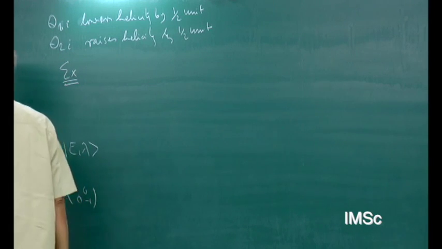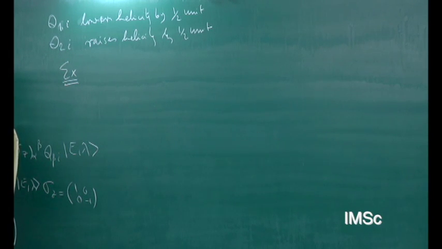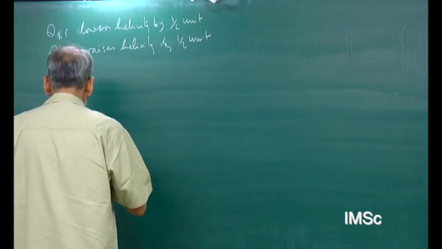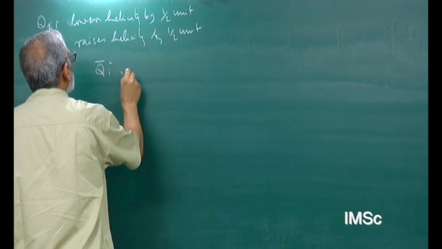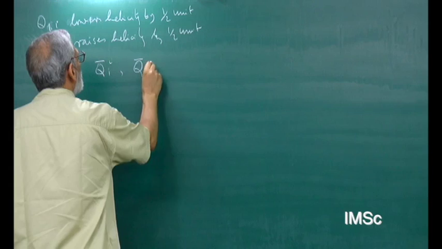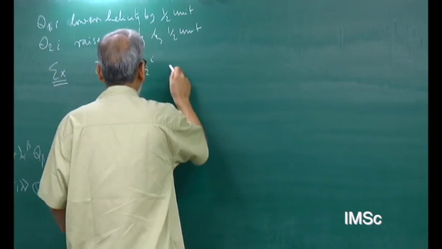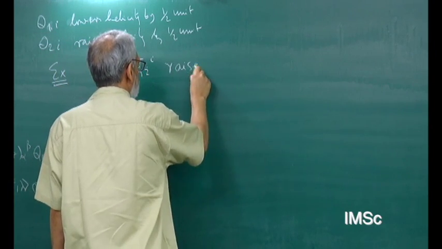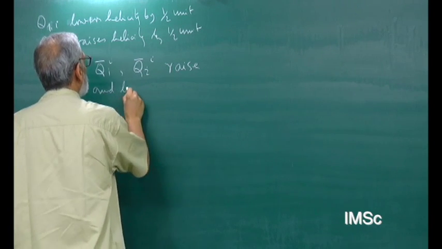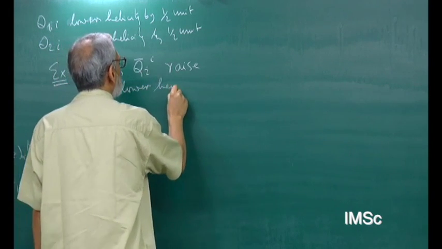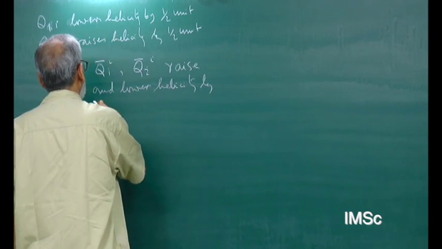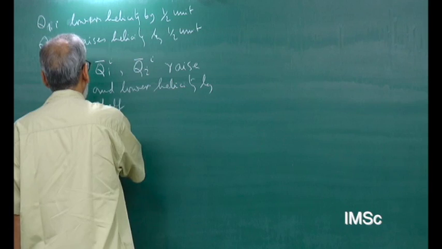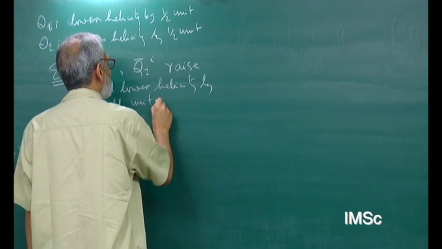Exercise. Now use this second relation, do the same exercise again, and argue that Q bar 1 dot I and Q bar 2 dot I raise and lower helicity by a half unit respectively.